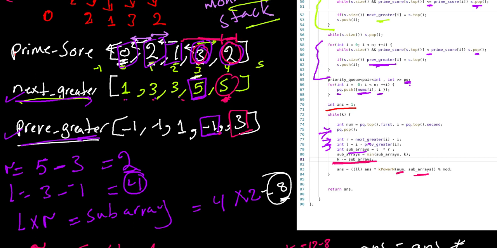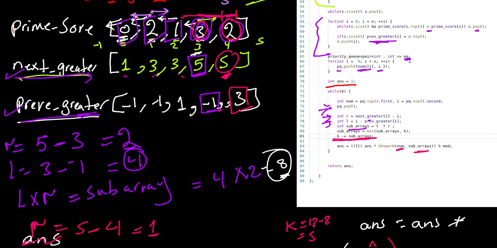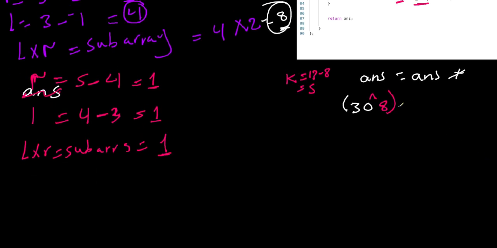So this is the only subarray we need, and so we multiply the answer by the current number 10 to the power 1, and we subtract 1 from k, so 5 minus 1 equal 4.